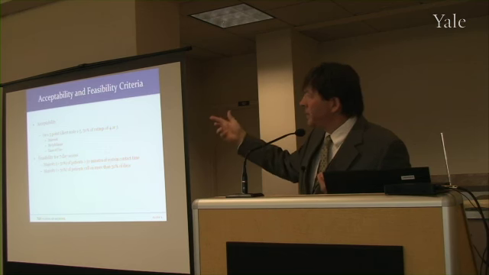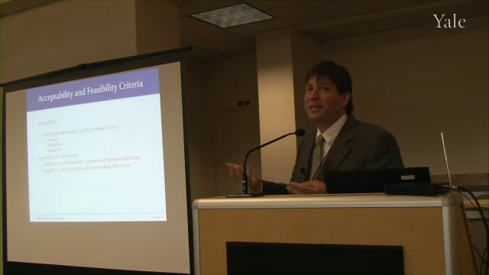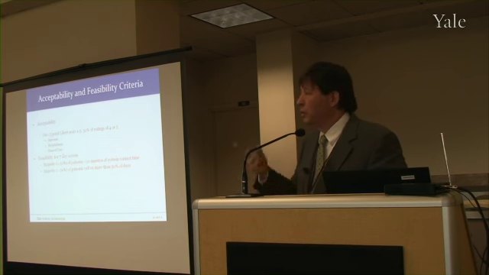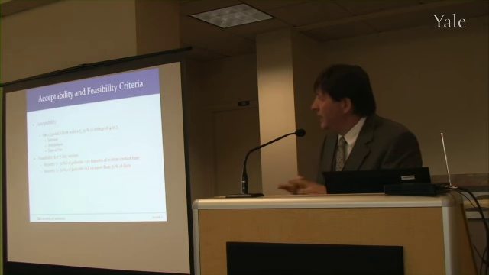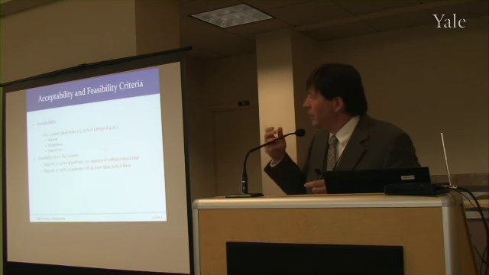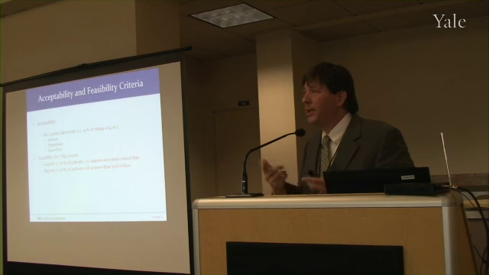So we have our acceptability criteria, and the idea is that we want a majority of our population to be comfortable with it. We want them to like it. So we have a 5-point rating scale: interest, helpfulness, and ease of use. We want the majority of people to have ratings of 4 or 5 on that scale. And we want them to use it. So we want them to like it and then to use it.